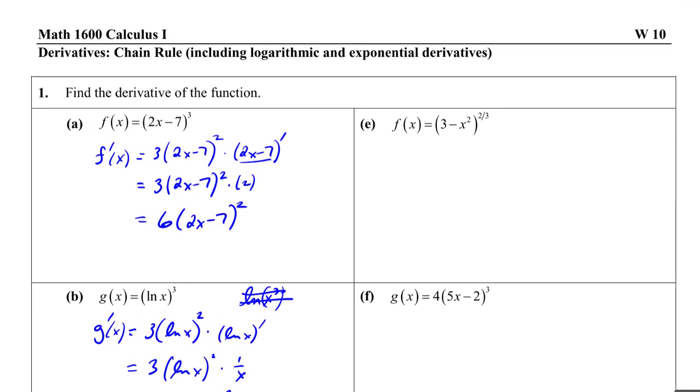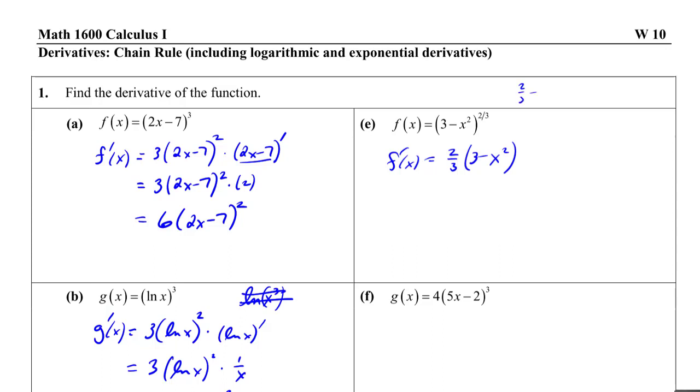All right. So this one may look a little nastier than the previous ones, but it's not really that bad, because essentially all I have is something to the 2/3 power. So it's a chain rule, power rule situation. Really power rule then chain rule. So I have something to the 2/3, so 2/3 times (3 minus x squared) to the 2/3 minus 1.